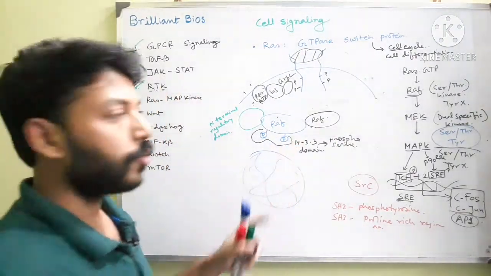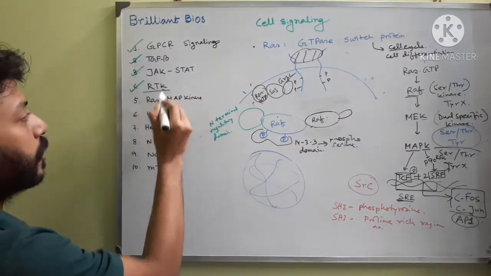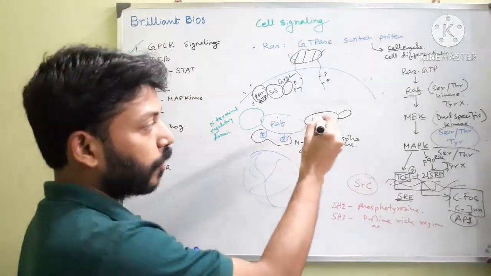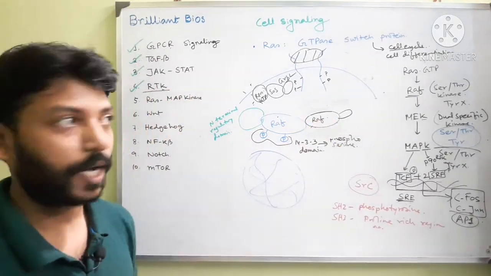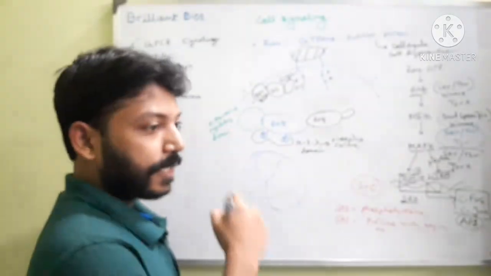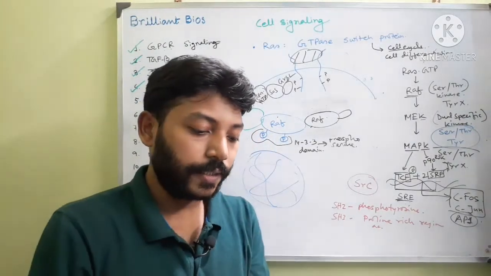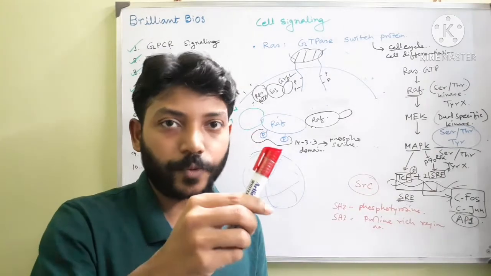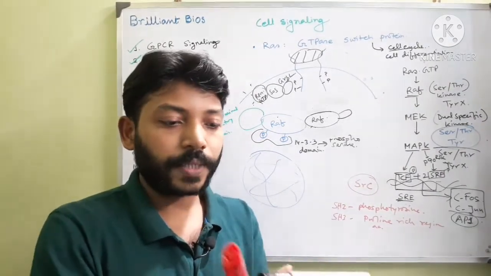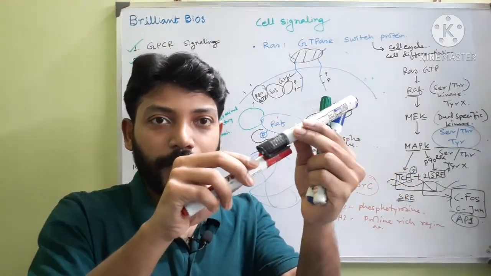RAF is a kinase, so it also has an activation loop. I have mentioned the role of the activation loop in the RTK pathway in more detail. You must watch this RTK video, because otherwise you cannot understand how RAF and all these kinases get activated. In that class I mentioned that the activation loop masks the kinase domain. Let's suppose this is the kinase domain of a protein, and the activation loop masks this kinase domain like this.